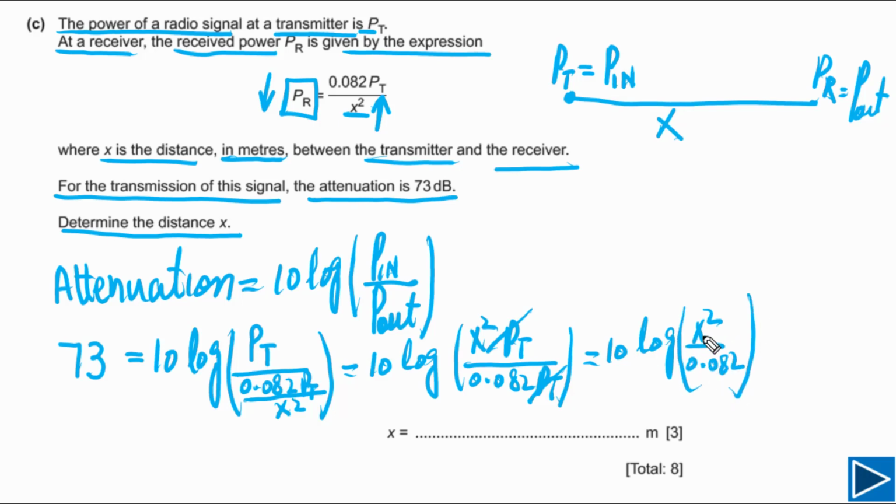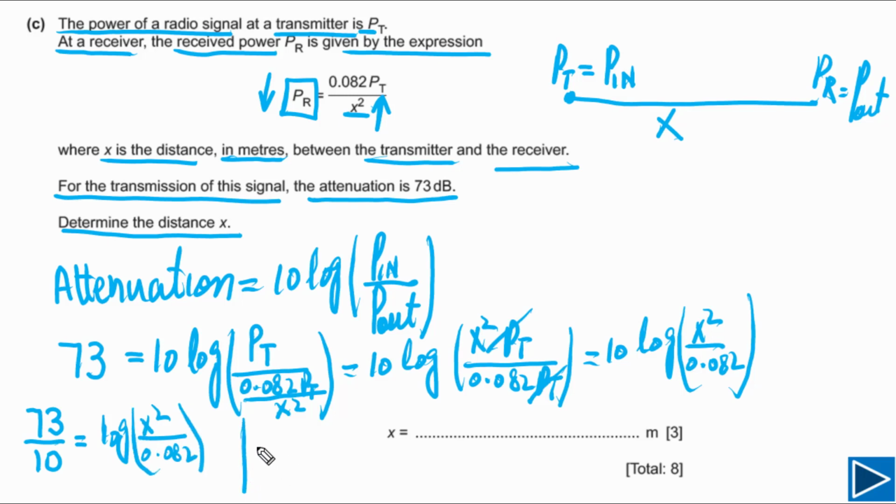Now we have to simplify this one. We can write 73 divided by 10, which is equal to log of x squared divided by 0.082.